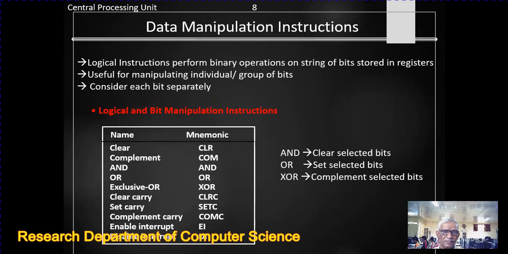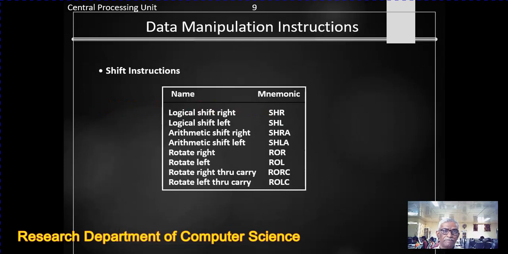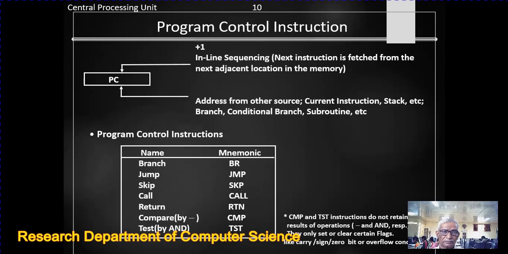And then, these are the logical and bit manipulation operations, and this is the shift operation: shift left, shift right, arithmetic shift right. And then program control instructions. Program control can take place with the help of jump, branch, skip, call, return, compare, and test.